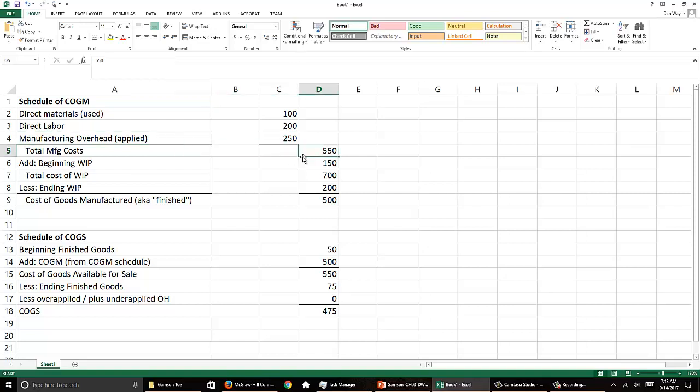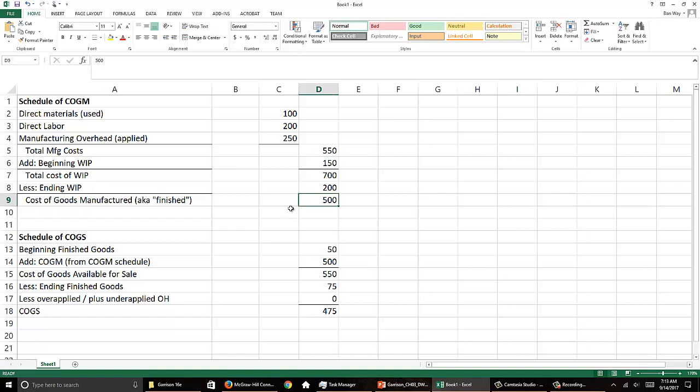Those three together are our total manufacturing costs. If we add to that our beginning work in process, we'll get a total cost of work in process for the period. If we subtract what was still not finished at the end of the period, that will leave us with our cost of goods manufactured, or again, our cost of goods finished in the period.